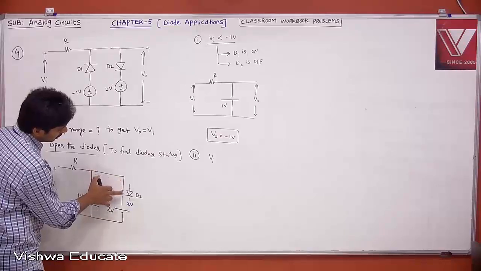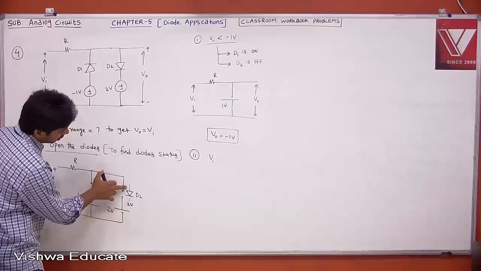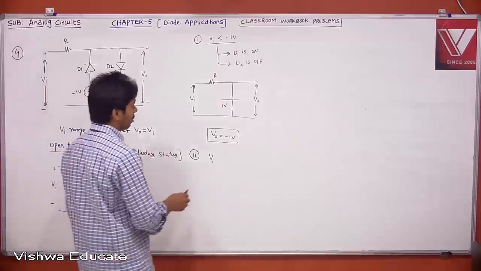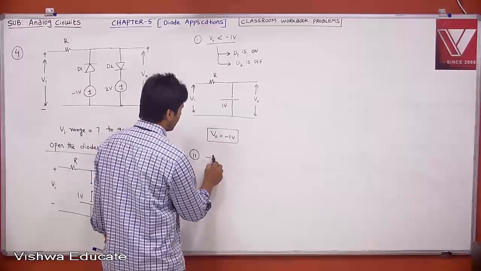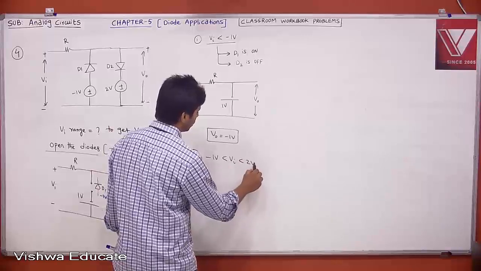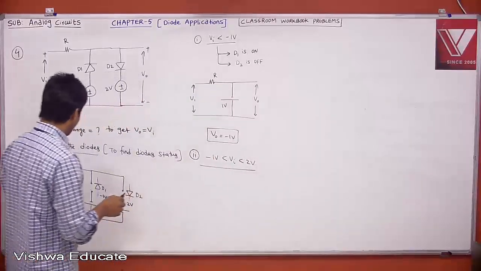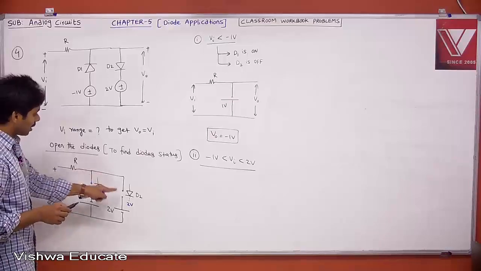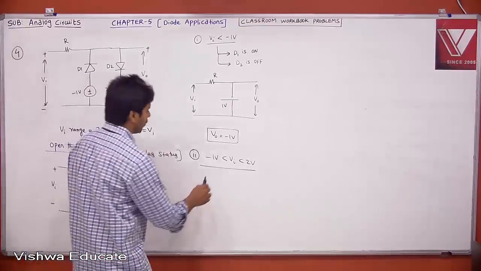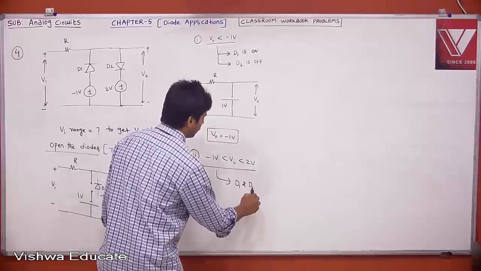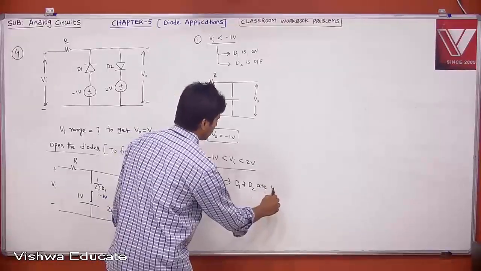Only when this voltage is greater than or equal to 2 volt will this be on. Till that point your D2 is off. Then let us say minus 1 volt less than Vi less than 2 volt. Vi is greater than minus 1, so D1 is off. Vi is less than 2, so D2 is off. Therefore both D1 and D2 are off.